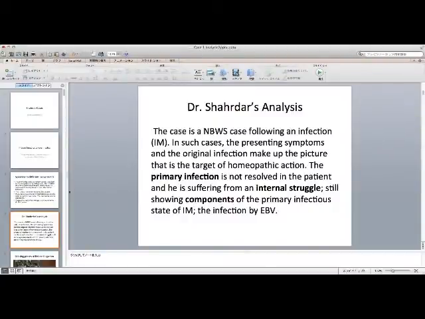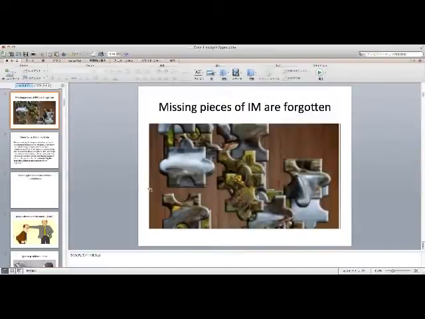And this is an infection by EBV, the Epstein-Barr virus. So he's saying, like a puzzle, pieces of IM are forgotten, and pieces are also missing. They're not there. Okay, so we have an incomplete picture of the disease, the primary disease, the first infection.